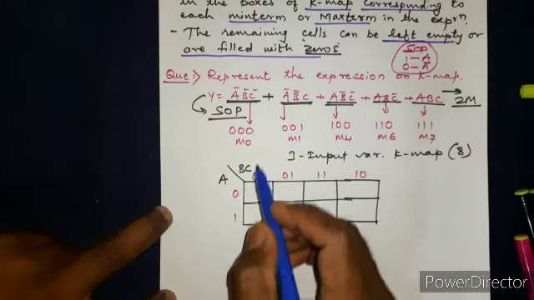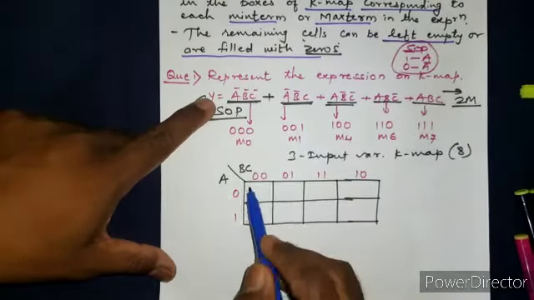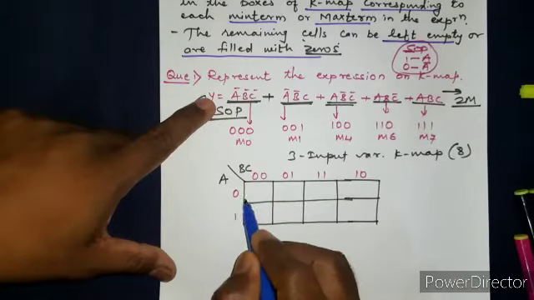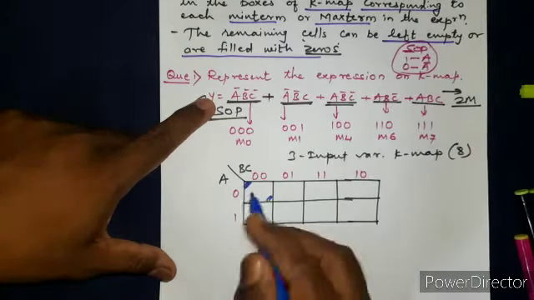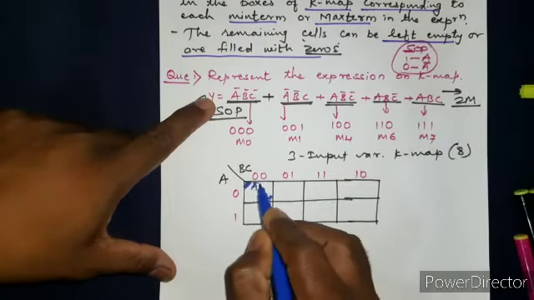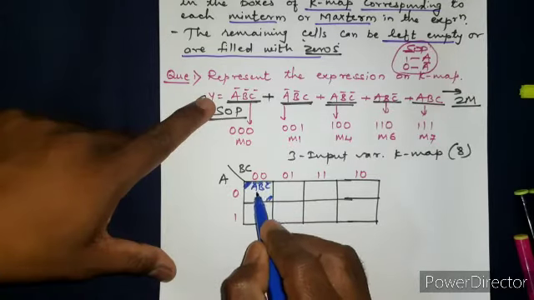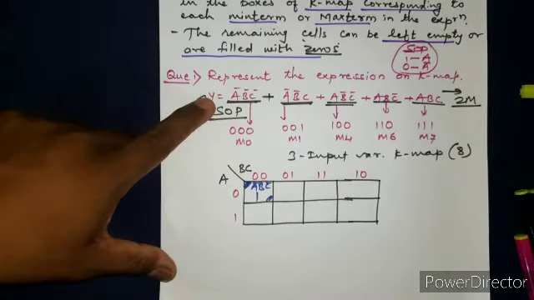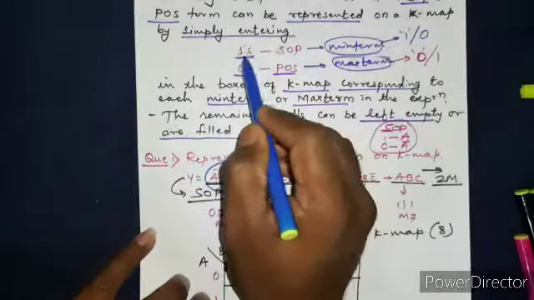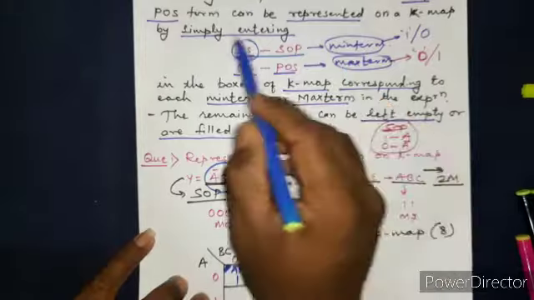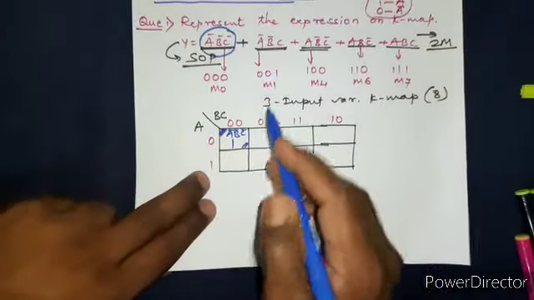So here, A bar, B bar, C bar means this cell. Okay, so I'll just say this cell where it is A bar, B bar, C bar. Here you have to simply put 1, because for this min term, as we have said, entering ones for each min term. Okay, then M1.